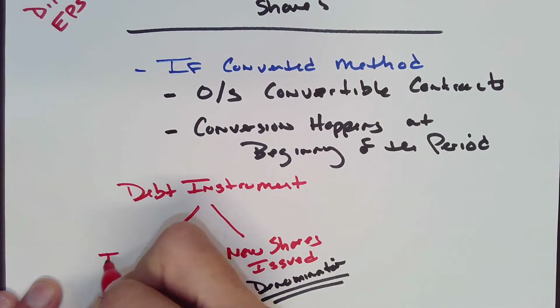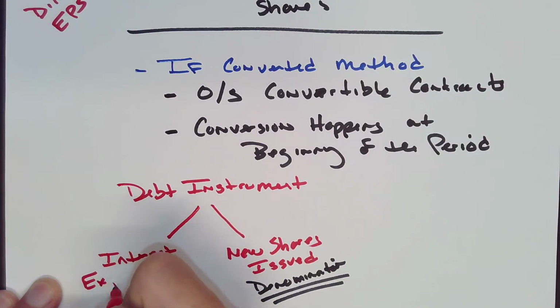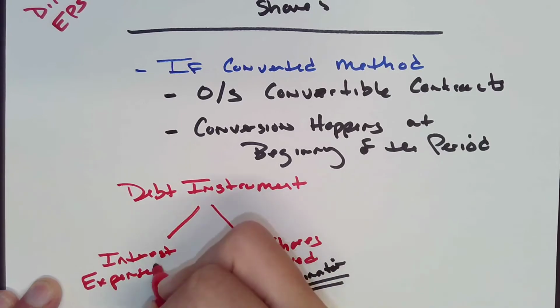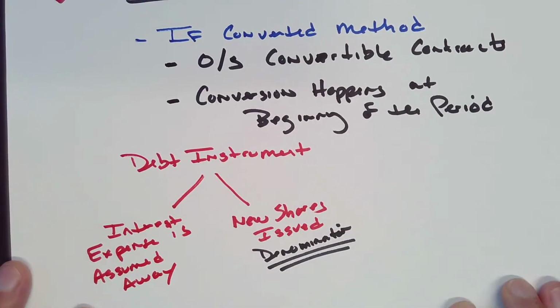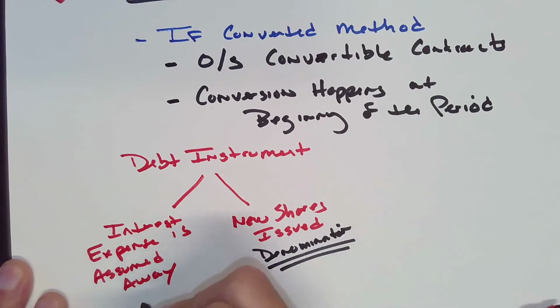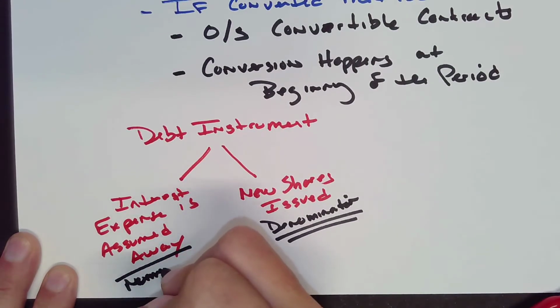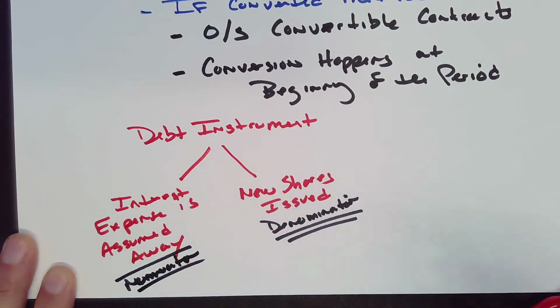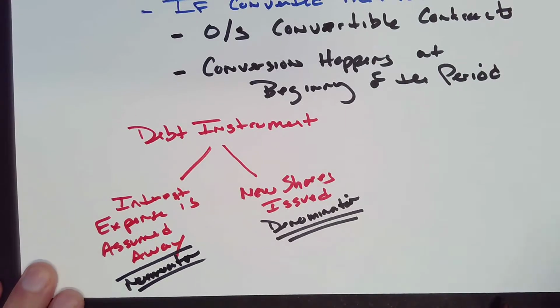Interest expense is assumed away. Didn't happen. Okay? This is a numerator effect. That's a numerator effect. So I've got two things happening.